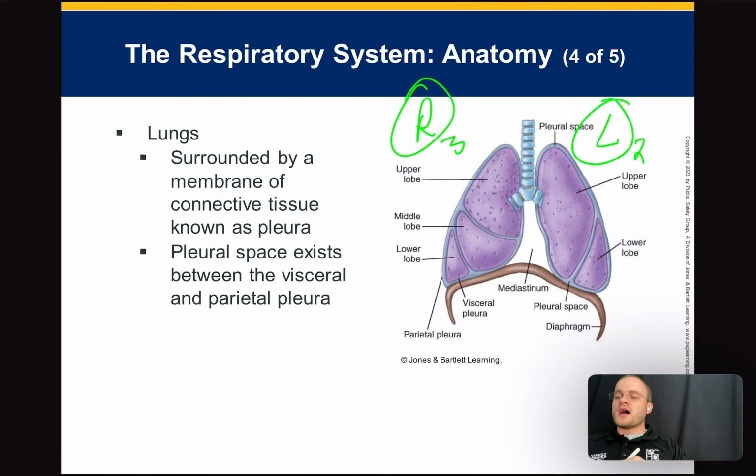Now with this, I want to point out, because I don't want to confuse you, it's not like you're going to listen to their lobes and be like, "Oh yeah, that's definitely the right upper lobe and right middle and right lower." That really doesn't happen, because the same could be said over here. You could listen here and here and here and here, right? And it doesn't really matter. I'm just letting you know that the left side has 2 lobes, okay?